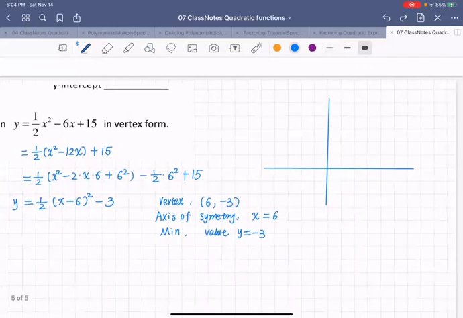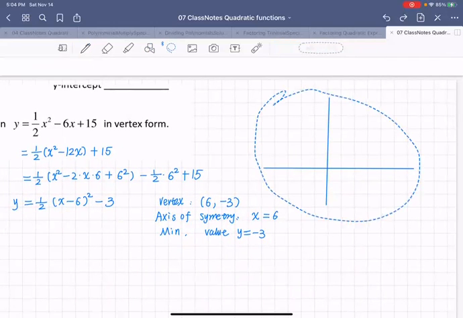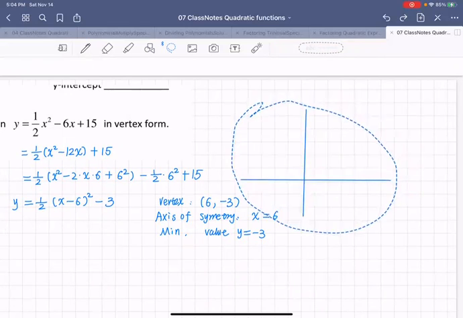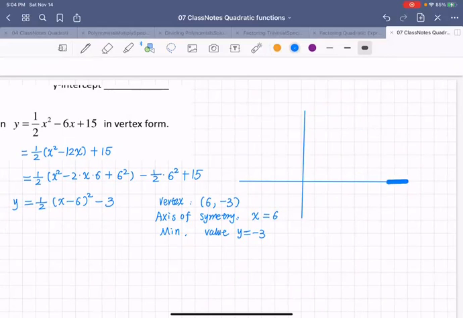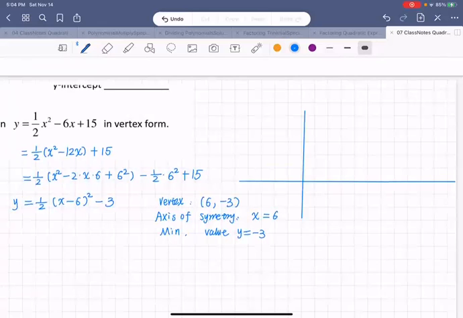So let me move this guy more to the left. When it is 6, 1, 2, 3, 4, 5, 6, it should be negative 3. Going there.